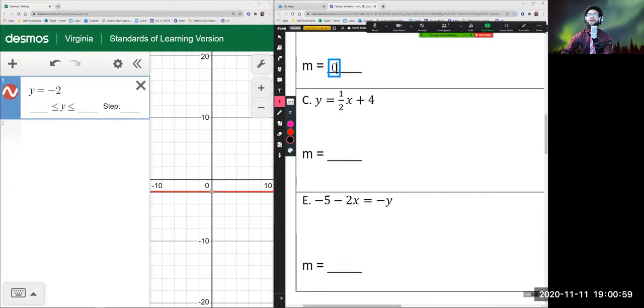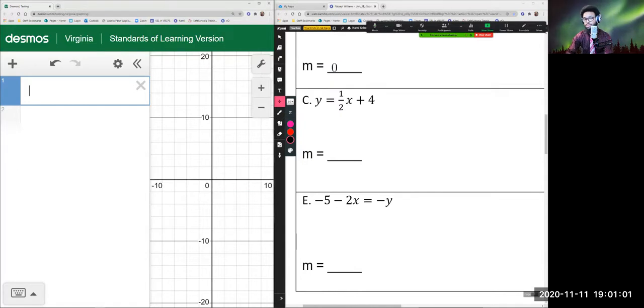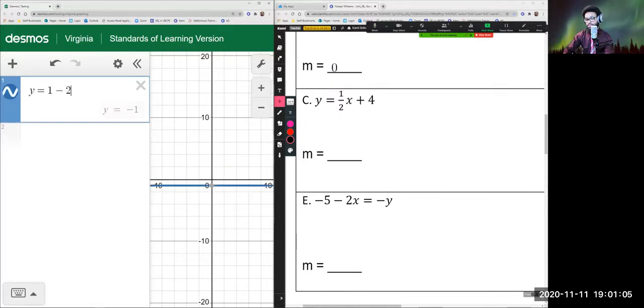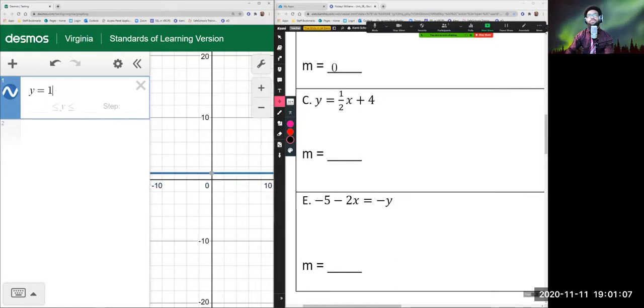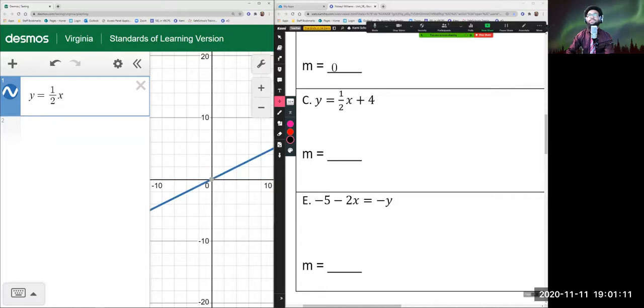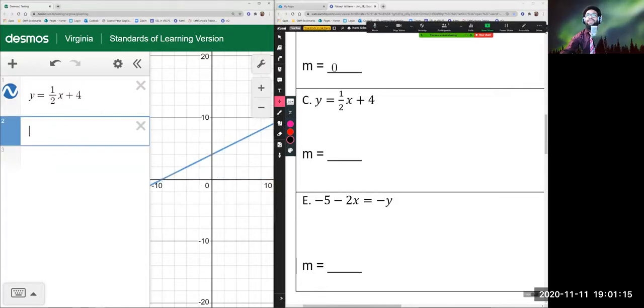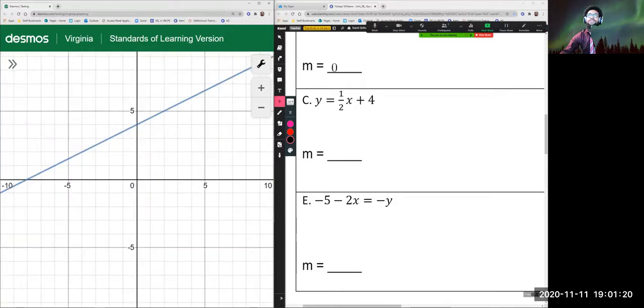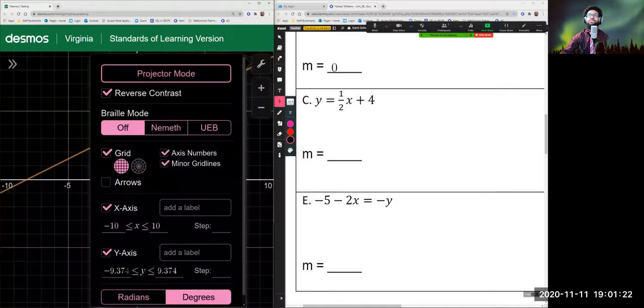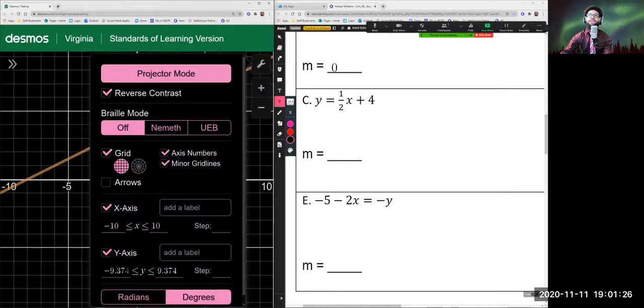C says y equals 1/2 x plus 4. If we look at the slope of this graph here, let me put this in projector mode.